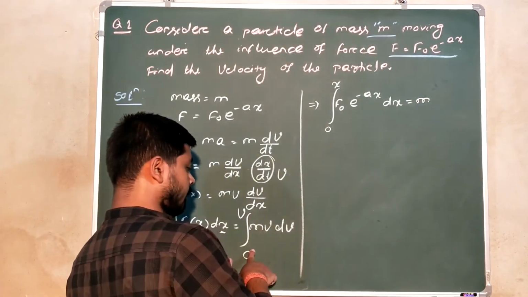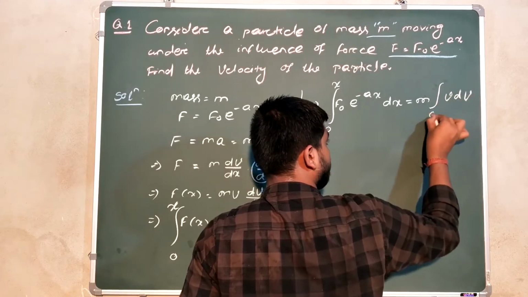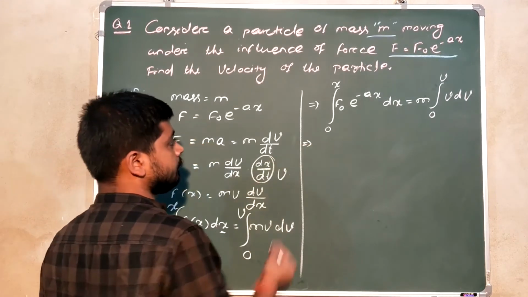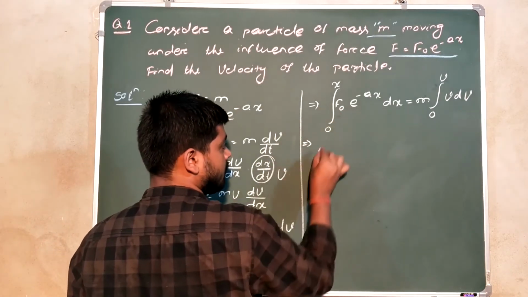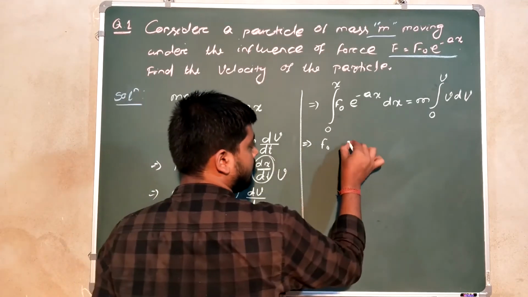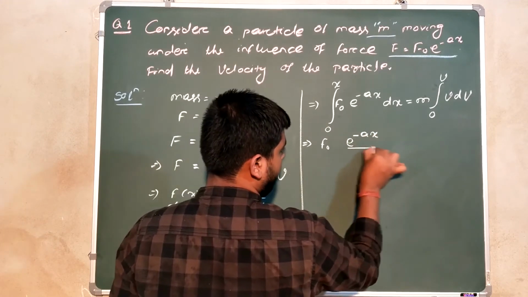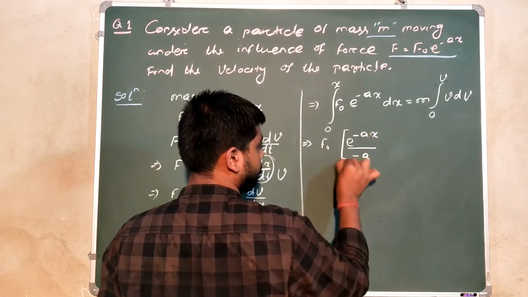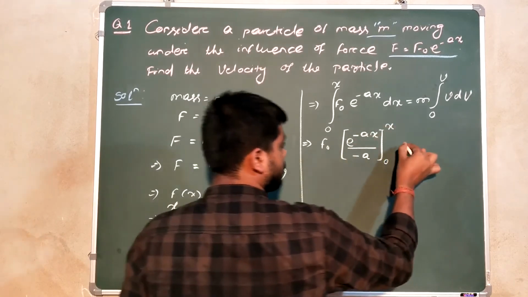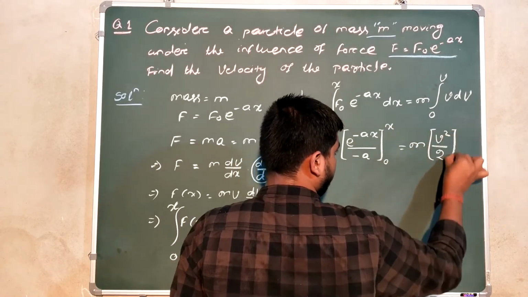M comes out from the integration, and the integration of v dv from 0 to v. Then f naught, independent of x, comes out. Integration of e raised to minus ax is e raised to minus ax by minus a from 0 to x, and this one becomes m v square by 2 from 0 to v.